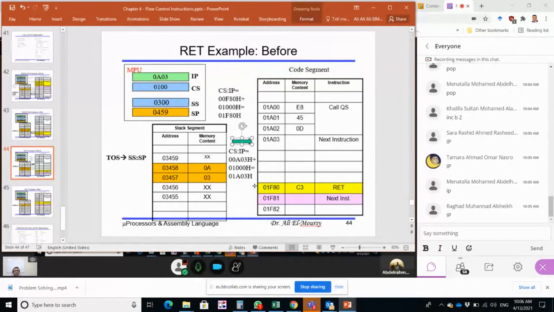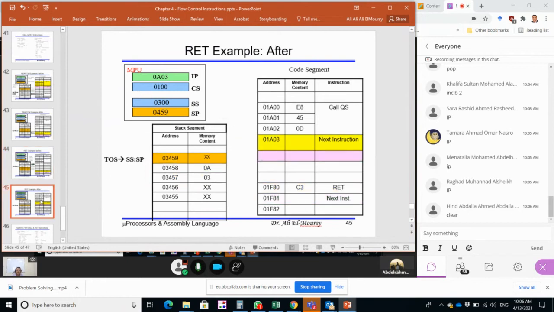Agree? Make sense? Any questions? Any doubts? We did a full simulation of what is happening inside the microprocessor for both call and return. And here is the status of the microprocessor registers and memory after the return.